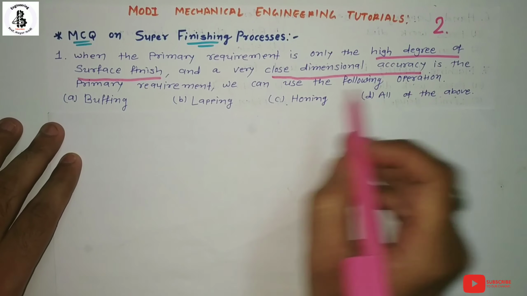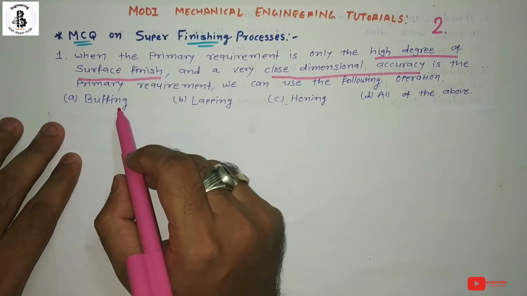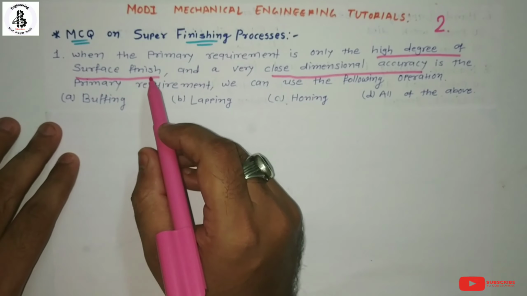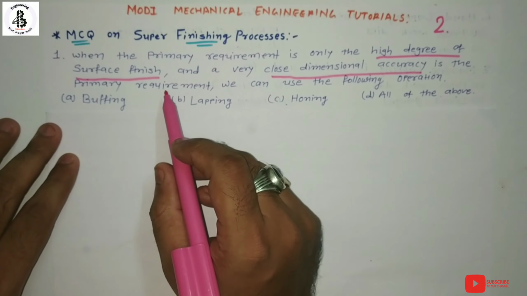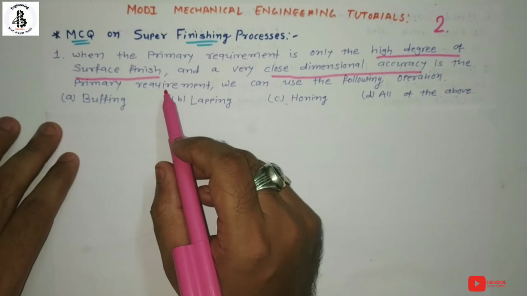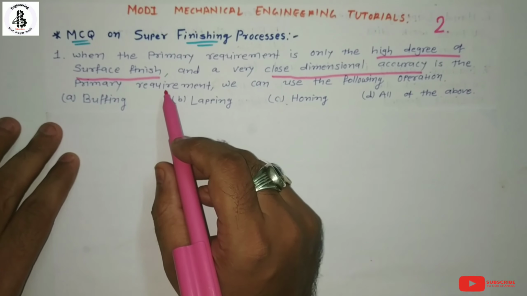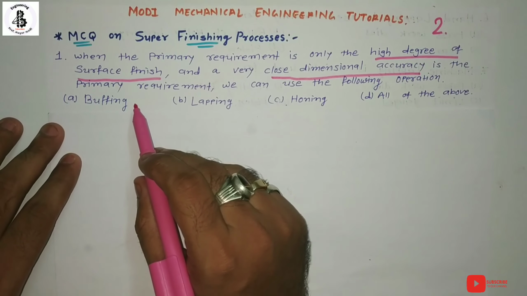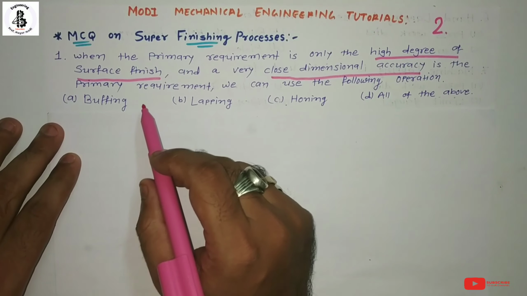So generally the buffing process will be carried out by the polishing process. If you want to work with a high degree of surface finish, polishing is also considered a surface finish process, but in that case some scratches remain on the surface, so you have to perform the buffing process. By performing the buffing operation, you get a high degree of surface finish and very close dimensional accuracy.